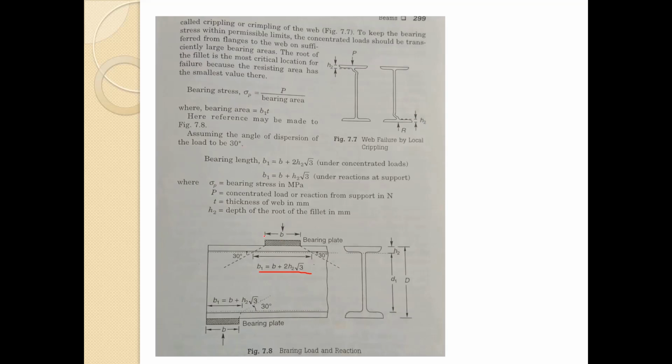That is, b is the width of this bearing plate, plus h2, this distance to the root of this fillet, and by using some trigonometry we will get this particular thing. That is, this is b and this thing is 2 h2 into root 3.